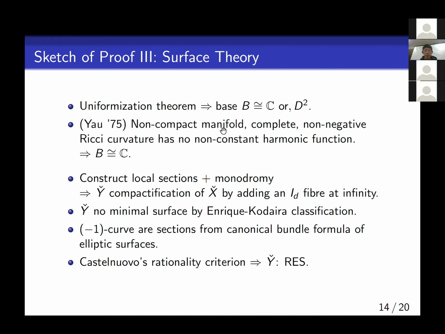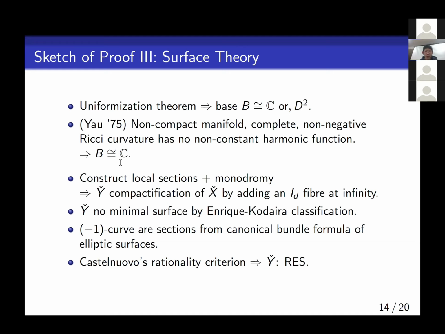Then there's a theorem of Yau that tells you that non-compact manifolds with a complete metric such that the Ricci curvature is non-negative cannot have any non-constant bounded harmonic functions. But the disk has a lot of bounded harmonic functions. You can use the fibration structure to pull it back to X-check, while X-check is Ricci flat. And so we can apply Yau's theorem to exclude this case. And so B is just C.